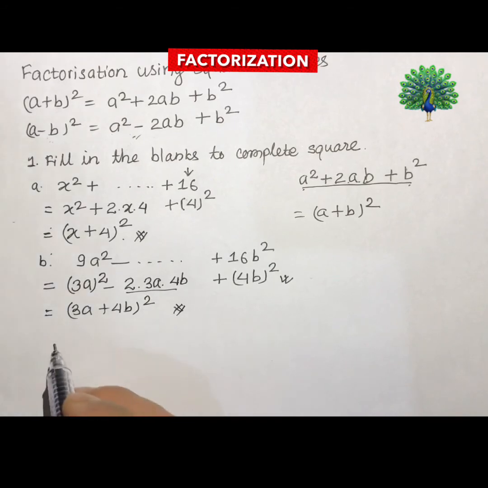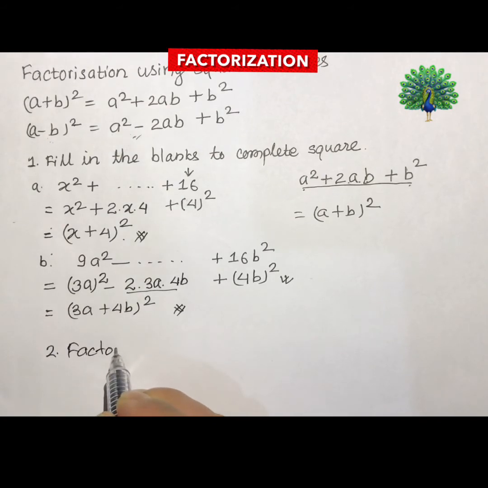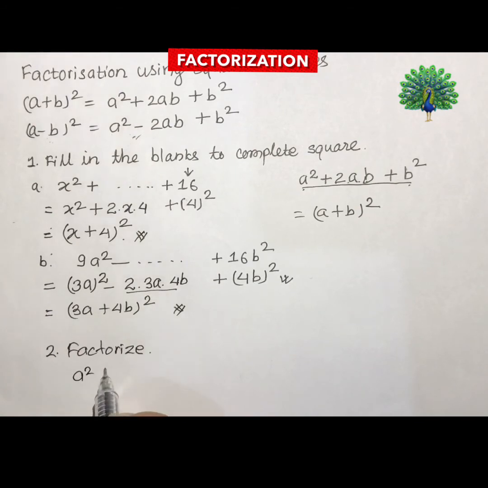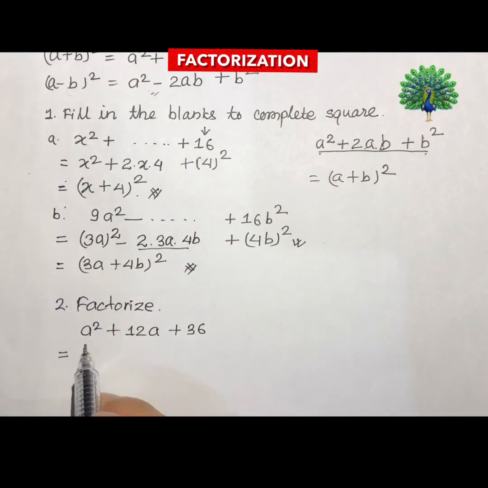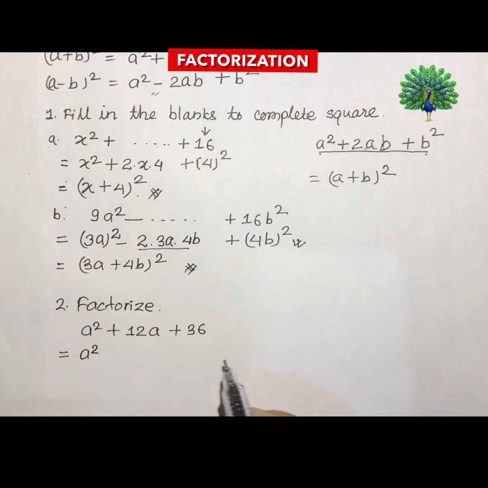Okay, now another question, that is factorize. We will use this to factorize: a square plus 12a plus 36. To factorize using this formula, we have to make the first term and last term squares. Here the first term is a square and this is plus, and the third term is 36, that is the square of 6.